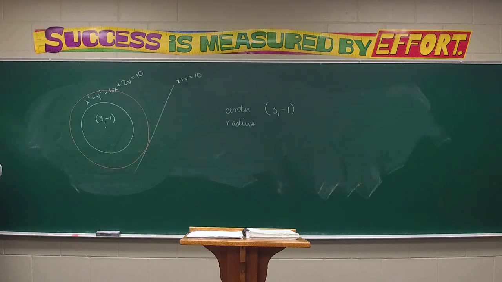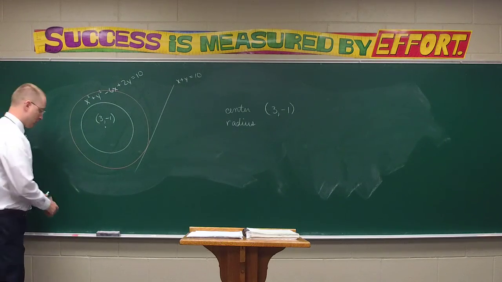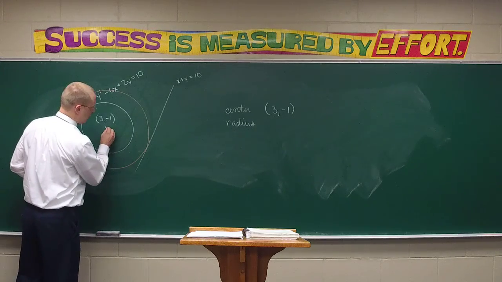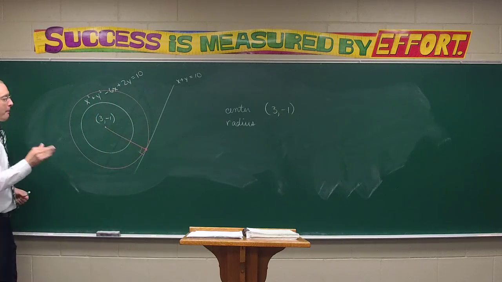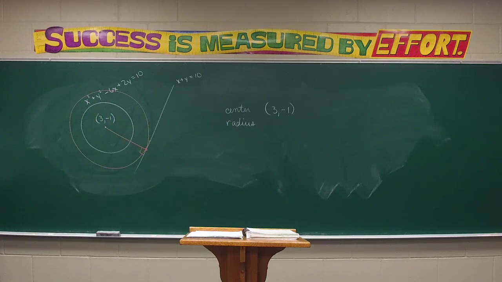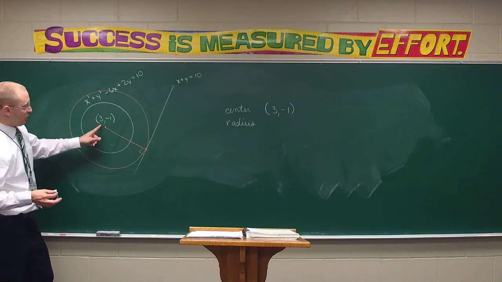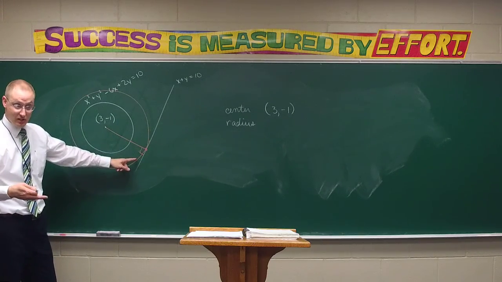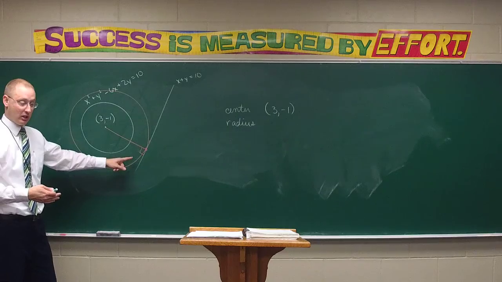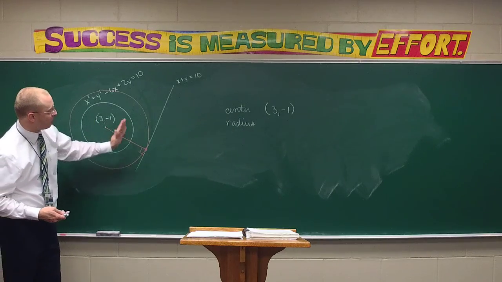Because the radius is going to be perpendicular to the tangent at this point of tangency, correct? Perpendicular. Thoughts? Negative reciprocal slope. And in fact, the perpendicular from a point to a line is the distance. Remember talking about that in the last chapter. Distance from a point to a line.